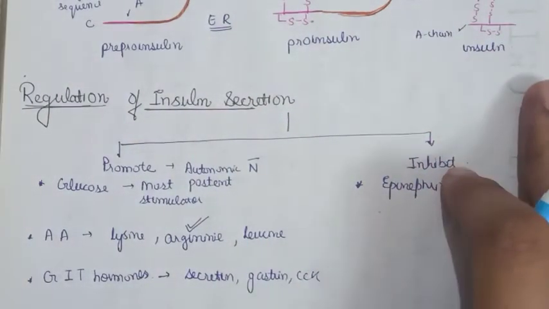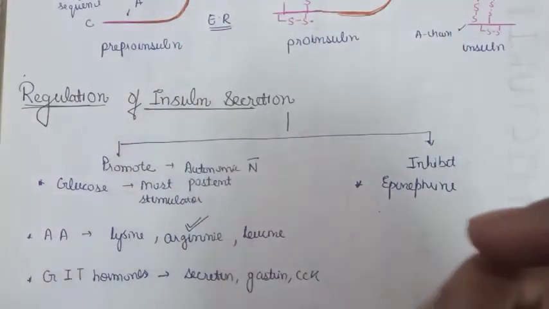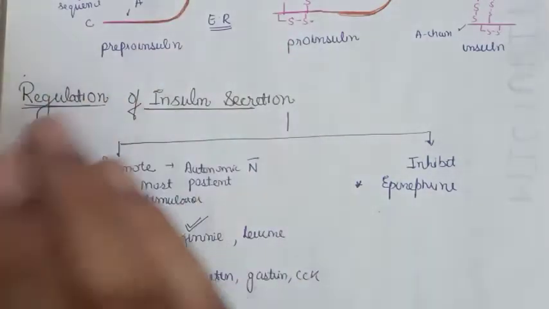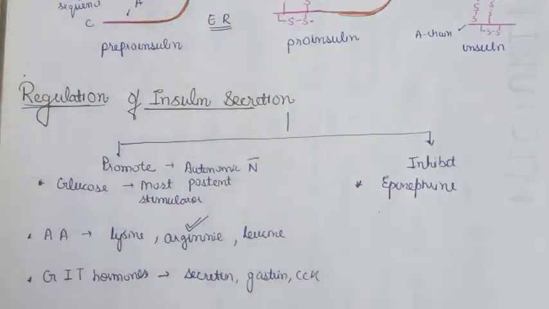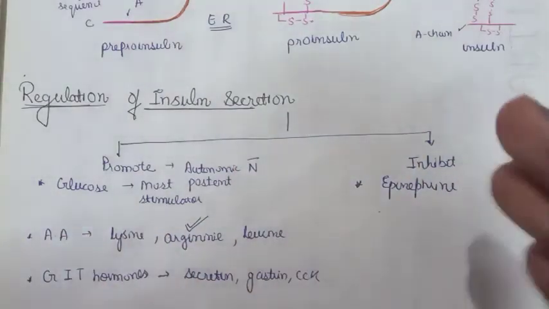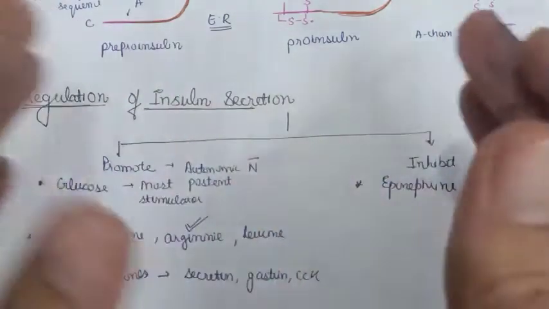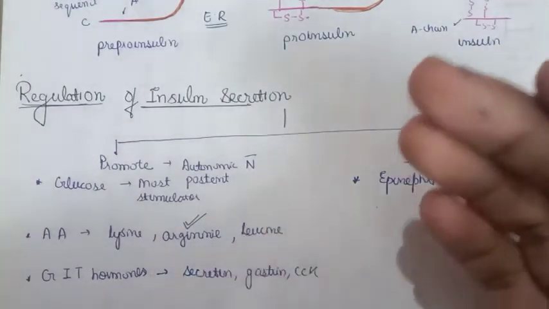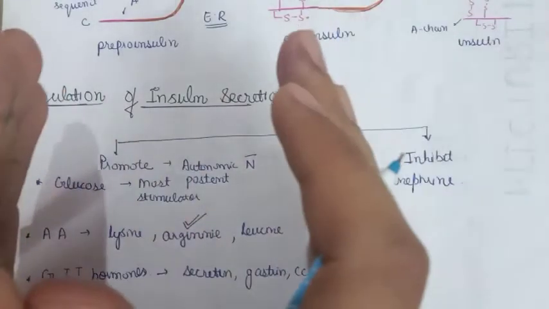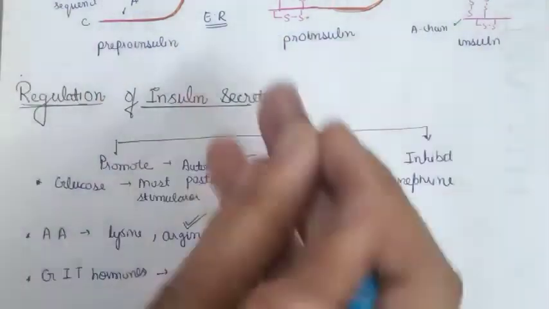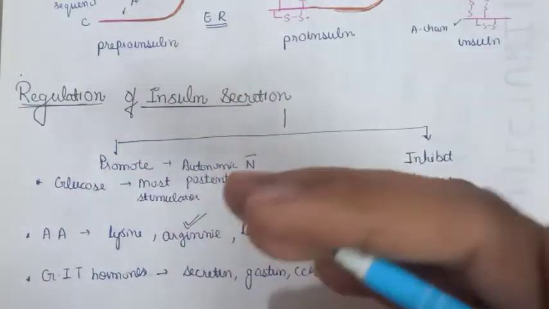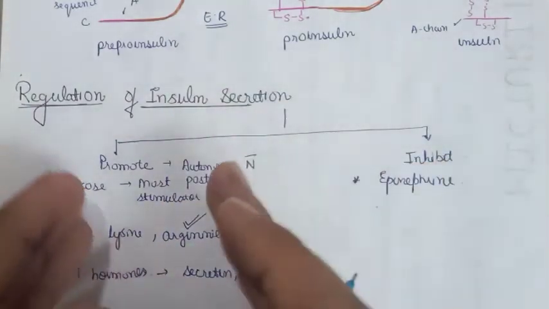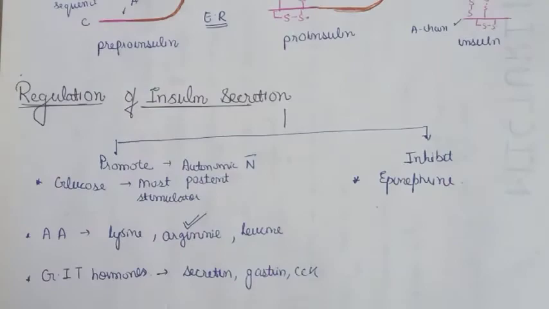So we have got four factors in the promotion of the insulin secretion, and one that inhibits the synthesis of insulin. It does not mean there are not many other factors. There are other endocrine hormones which also inhibit or promote the synthesis of insulin, but that we'll be discussing separately in the glucose homeostasis, and the hormones which are antagonistic to insulin, and the other factors we will be discussing later.